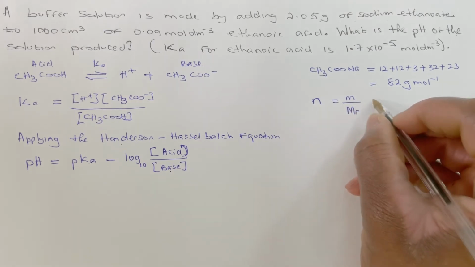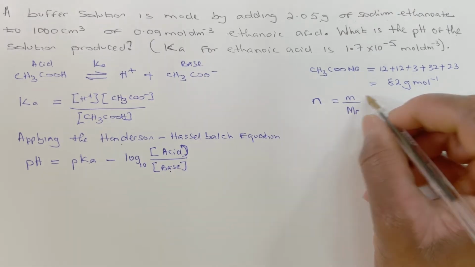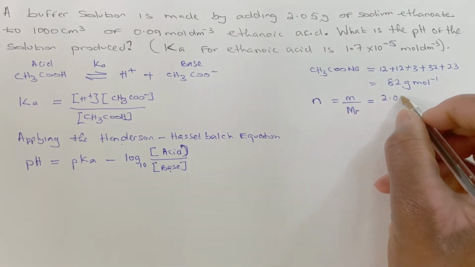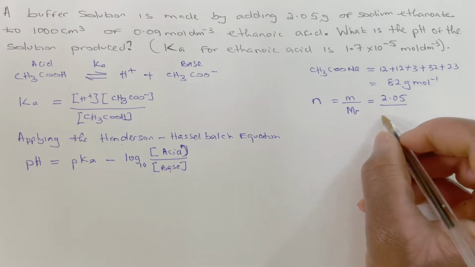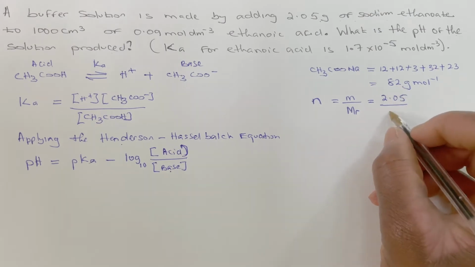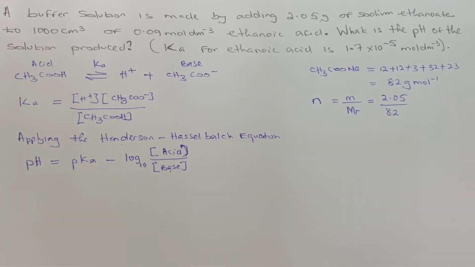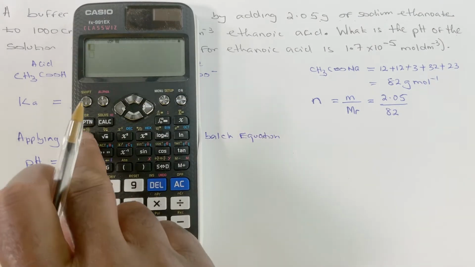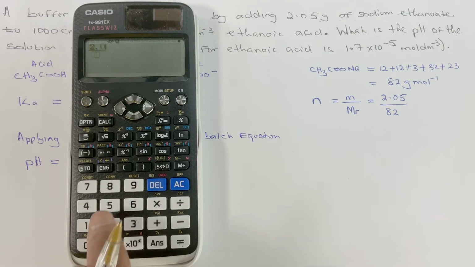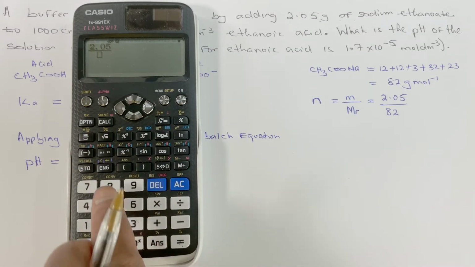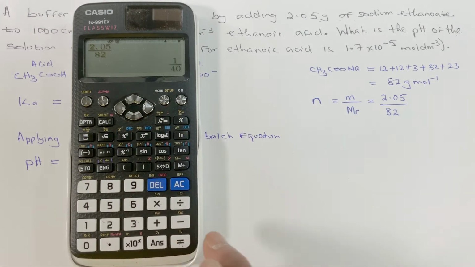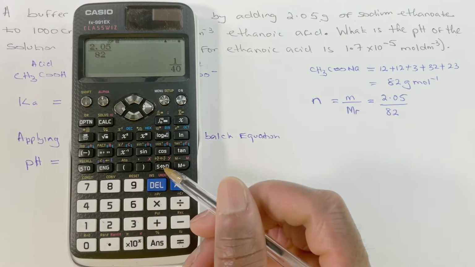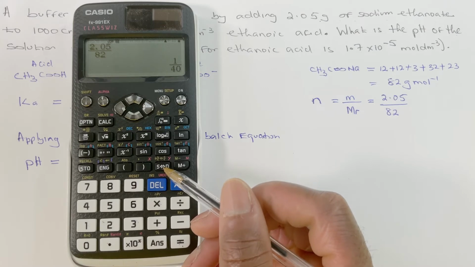Now to find the moles of sodium ethanoate, moles is mass over relative molecular mass, which is 2.05 over 82. If I turn on the calculator, fraction key, 2.05, arrow key down, 82, and enter, that's a fraction, but I need to convert that to a standard decimal.